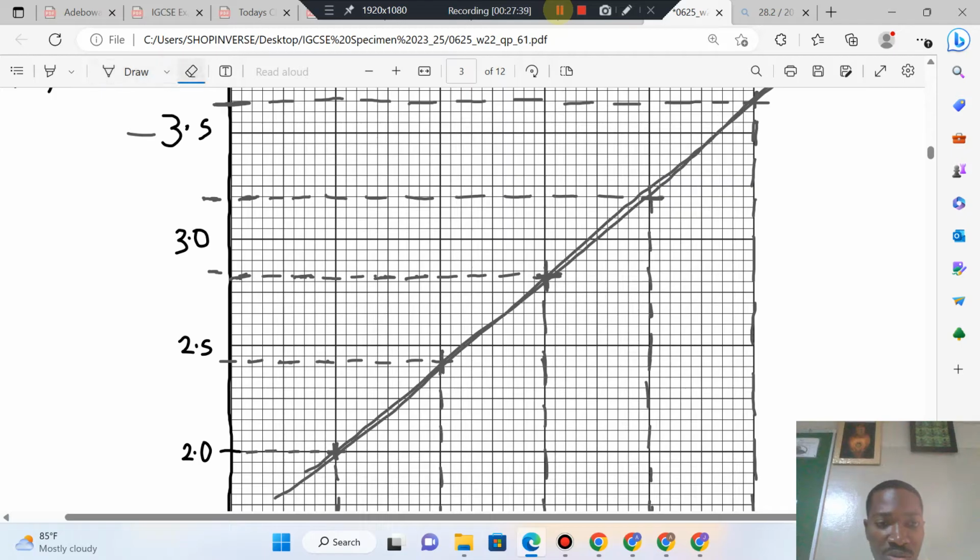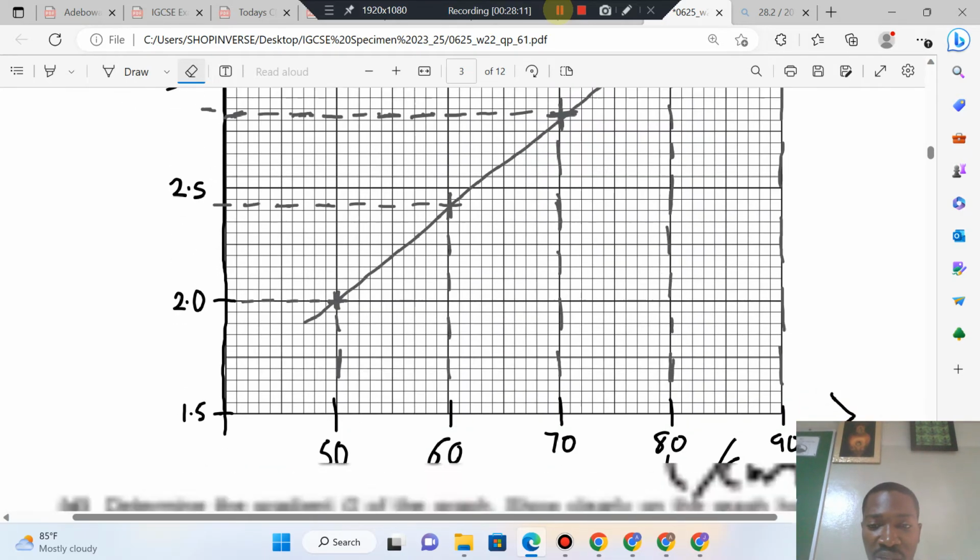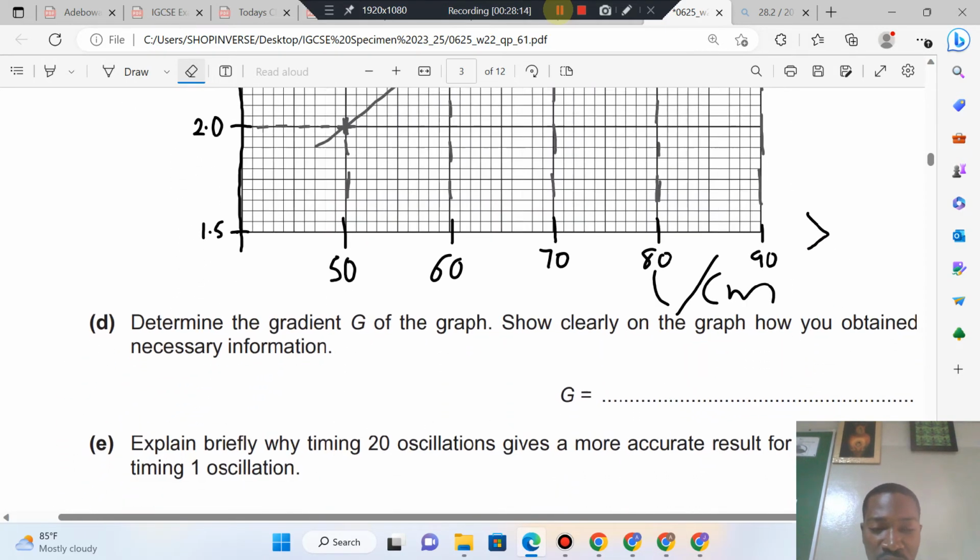This is worse. Let me make one more attempt, okay? If I can get something better, then we use the better one. Does this look better? Let's use the first line we have. So now we have our straight regression line. When you are doing this in the laboratory, ensure you use all your drawing instruments.